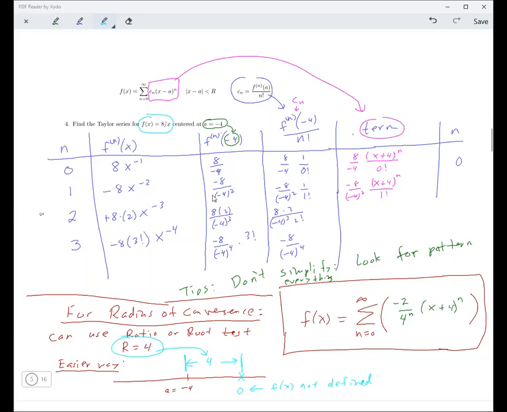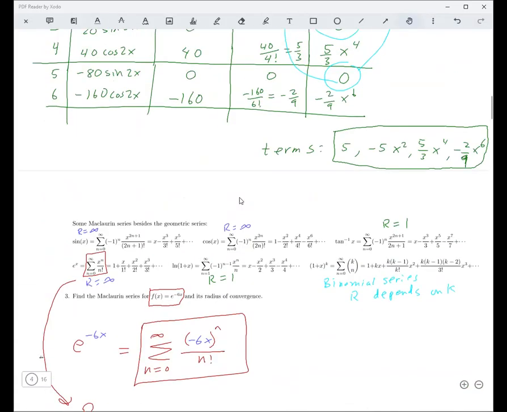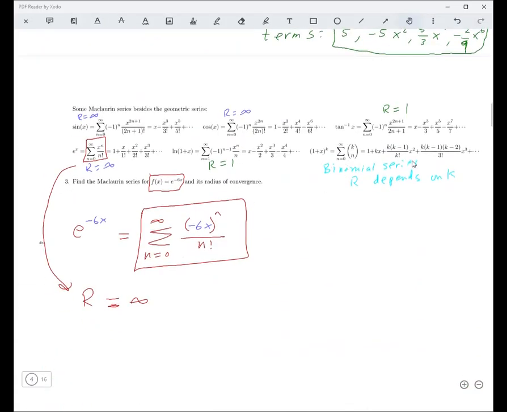Okay, there are some weird exceptions to that, and I will point that out when we get to, for example, the binomial series. There are some slight exceptions, because that one has a radius that depends on your value of k. But that's about it.